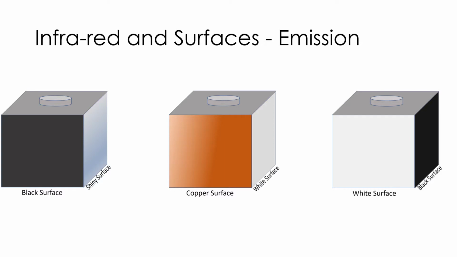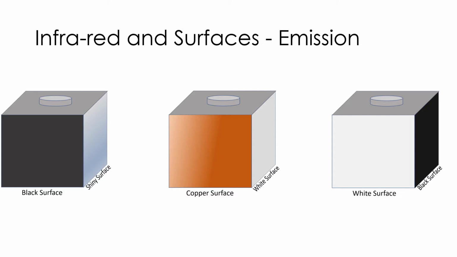In fact, you would be wrong. It turns out that the black surface is also the best emitter. A shiny surface is not a good emitter of infrared light. So in the first option, the black surface will emit more than the shiny, the white surface will emit more than the copper, and the black surface will emit more than the white.